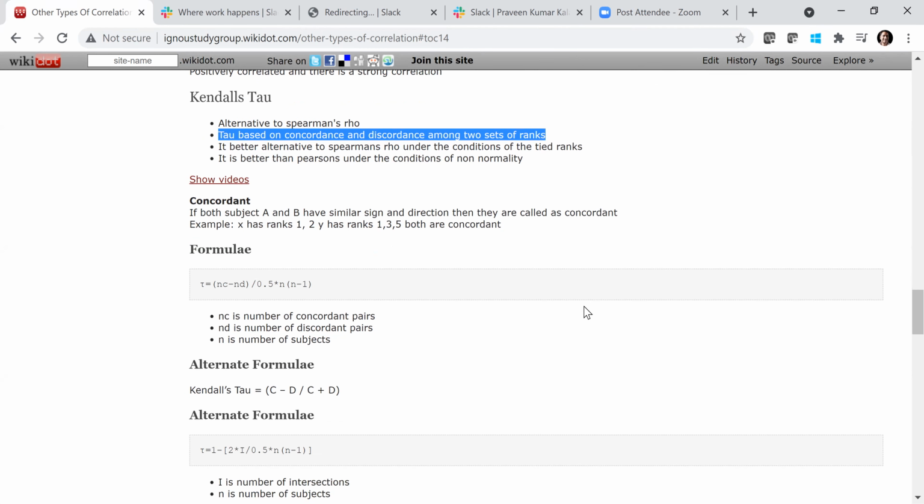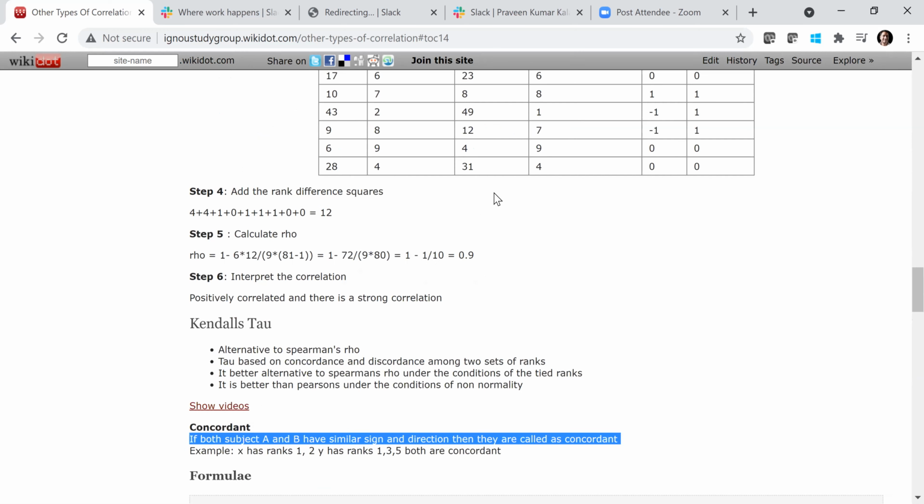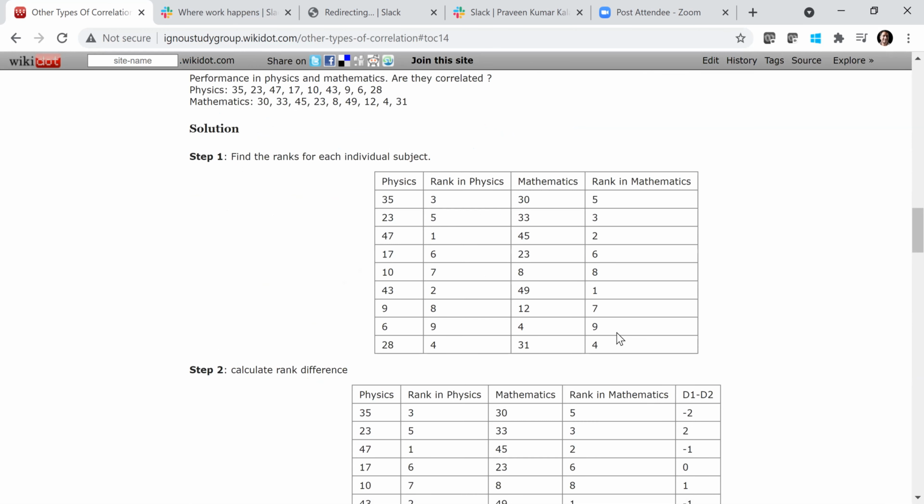Take the same example of physics and mathematics that we were talking about. This is student A, whatever I'm highlighting, you're able to see that, right? And this is student B.